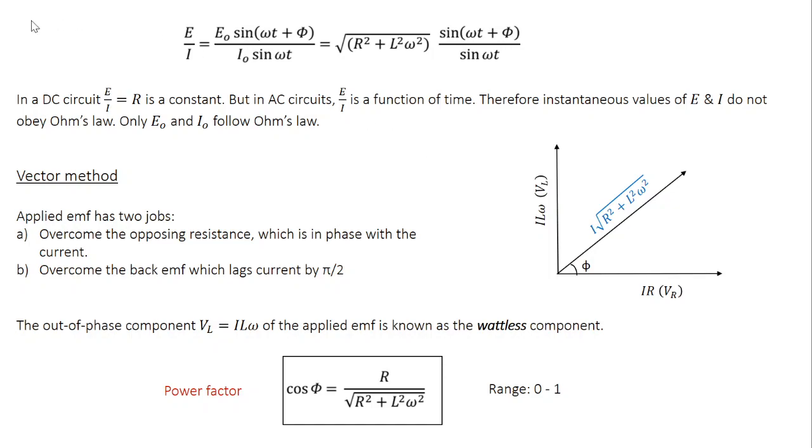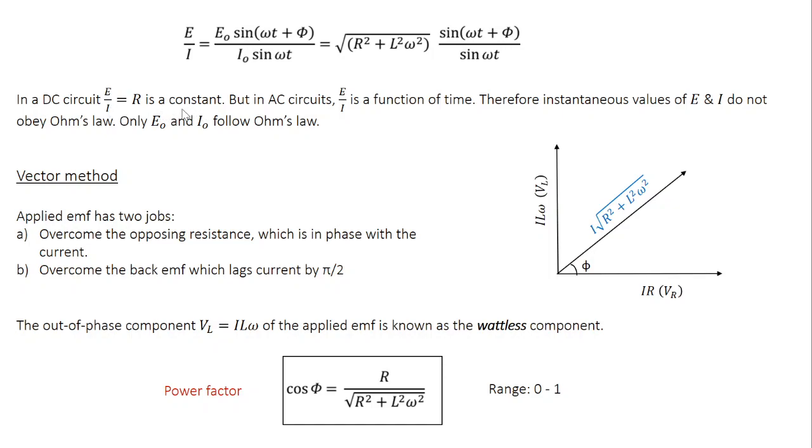Now, if you take the ratio of voltage and current, so E by I is E naught sine omega t plus phi divided by I naught sine omega t, which is square root of R square plus L square omega square multiplied by sine omega t plus phi divided by sine omega t. Normally, in the case of a DC circuit, if you consider this ratio E by I, voltage by current is a constant known as resistance, right?